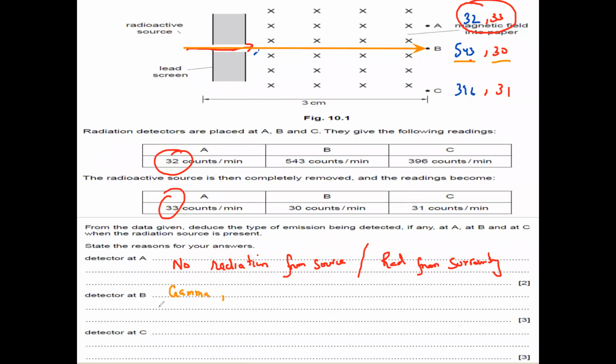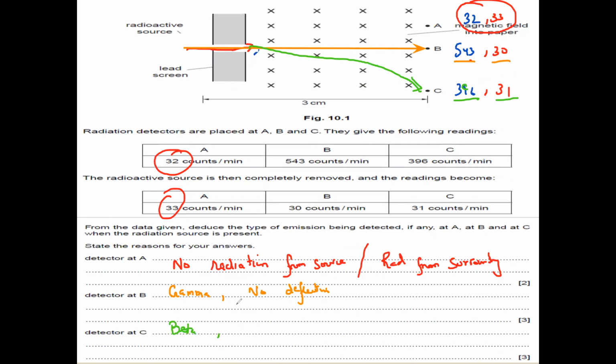The reason we say gamma is because there is no deflection. And what about C? You can observe a large deflection. Before it was 396 and now it is 31. So at C, which radiation do we detect? We detect beta radiation.